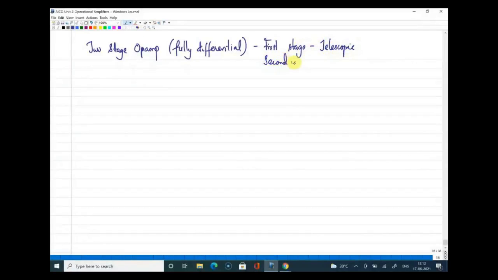In the next class we will do a design of the two-stage op-amp, and then one more technique called gain boosting, and with that we'll wind up this unit.